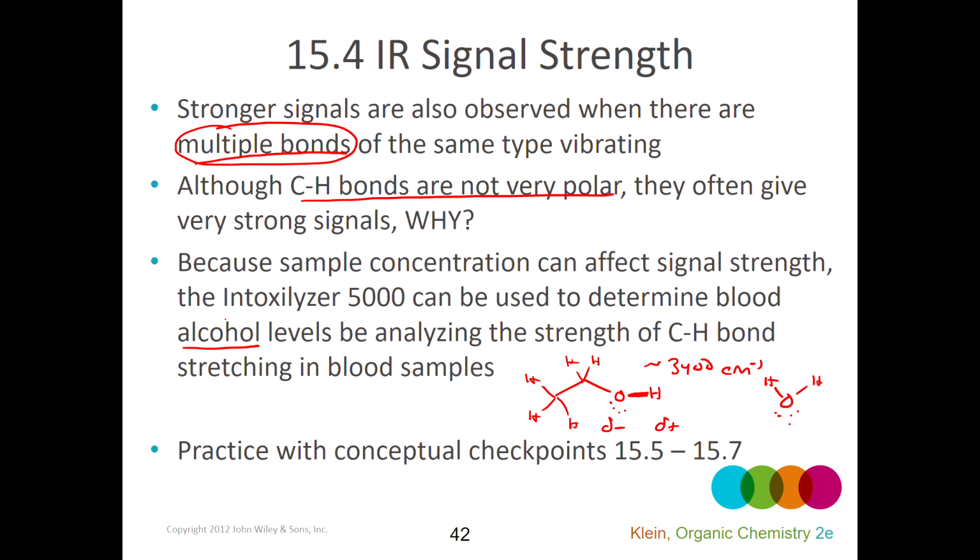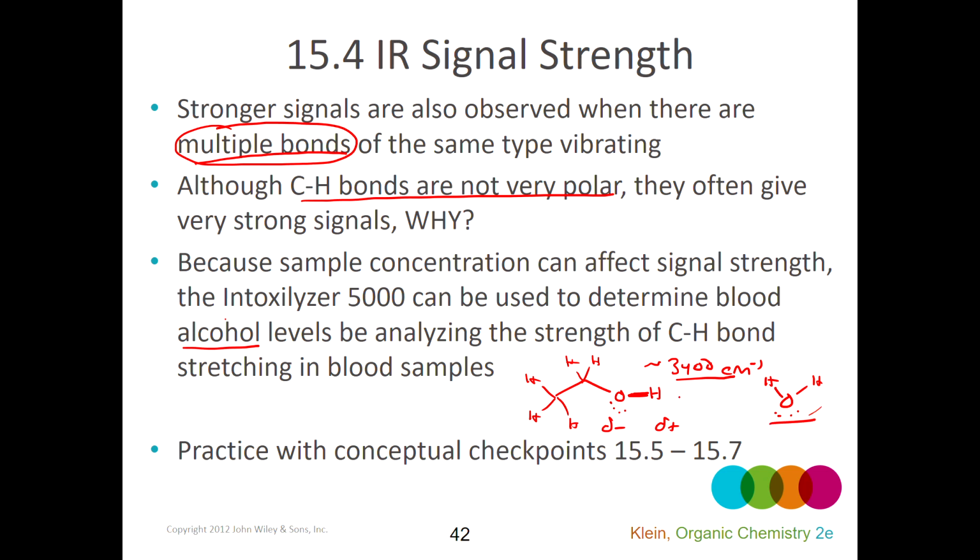Everyone's breath has moisture in it, and that also has an OH bond. So the signal around 3400 can be difficult to interpret. It either means you have an alcohol, or it means you have water in your sample. And obviously when you breathe into that, there's going to be a lot of water. So they can't be looking at 3400, or they would confuse water for alcohol.